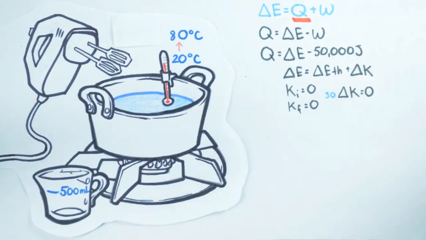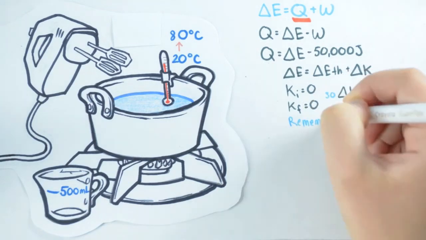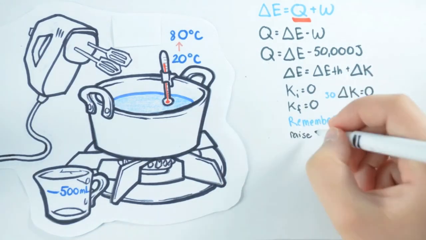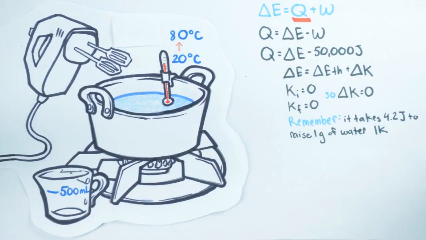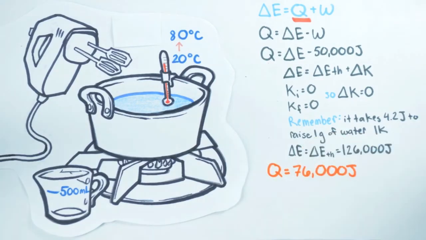So the change in energy of the system, delta E, is just due to the change in thermal energy, delta E thermal. Now, since we know the change in the temperature of the water, the mass of the water, and the specific heat capacity of the water, we can calculate delta E thermal. And now we just solve for Q.